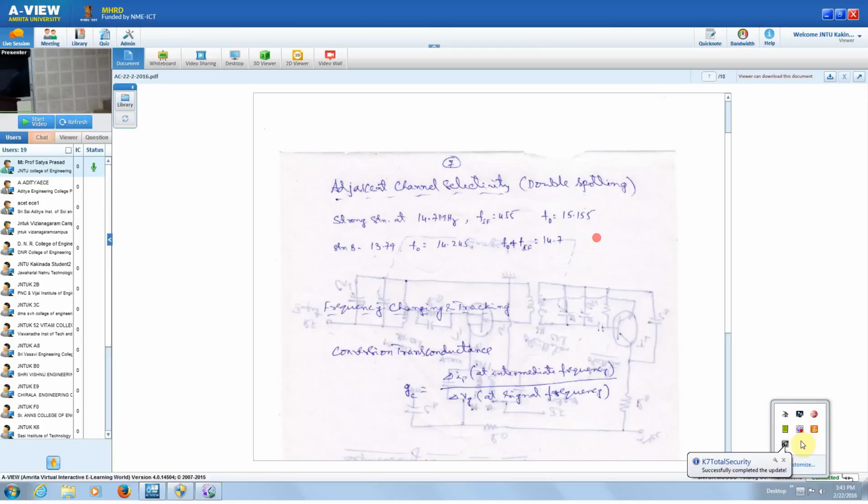14.7 megahertz, because the frequency difference of the further line is again 455 kilohertz only.